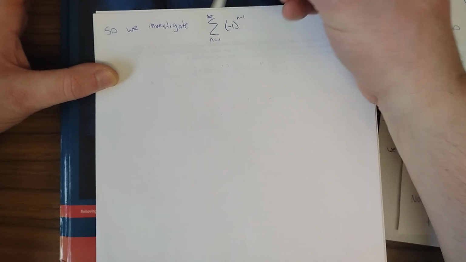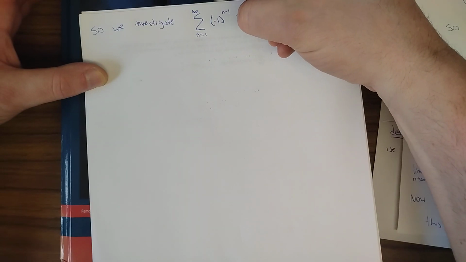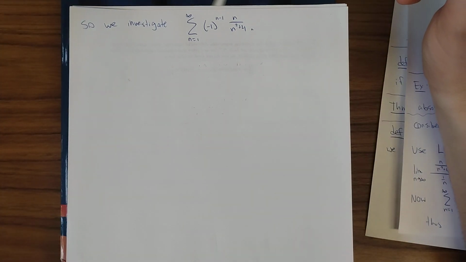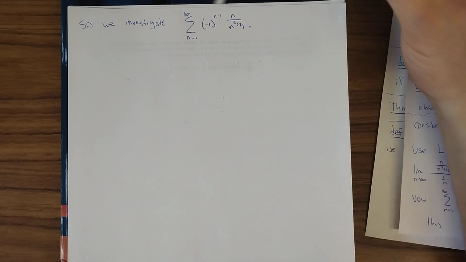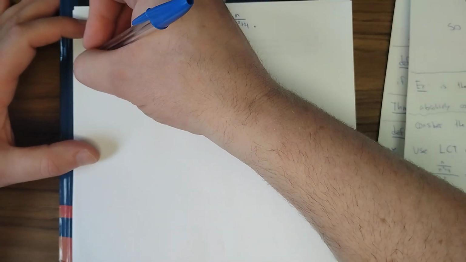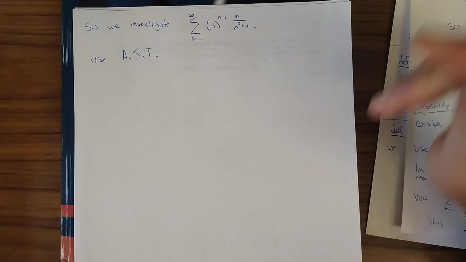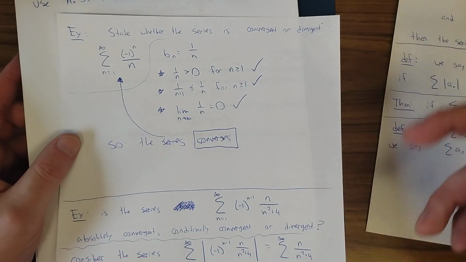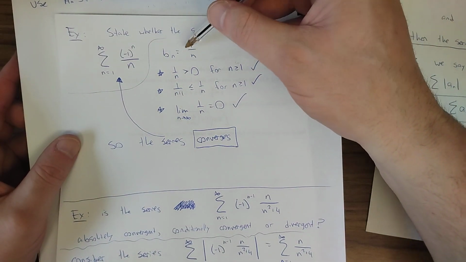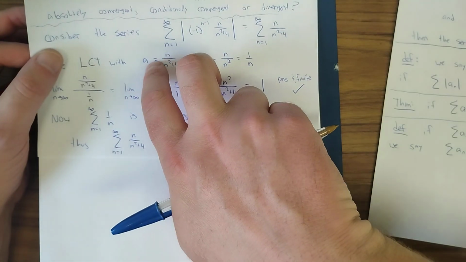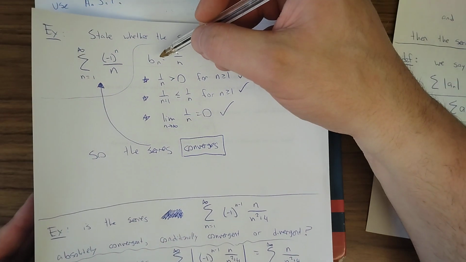So I'm going to keep this. So now this is what we're investigating. This is an alternating series, and we can just use the alternating series test. For the alternating series test, we let this b sub n, or maybe, because I already called something b sub n in this problem, maybe I'll call it c sub n.